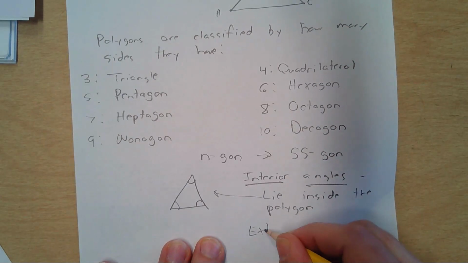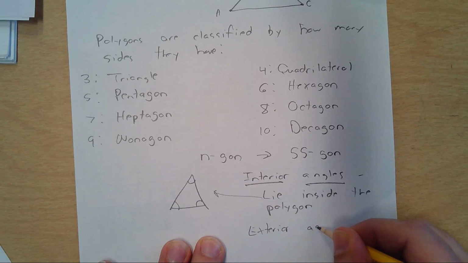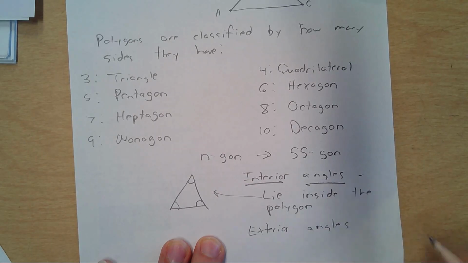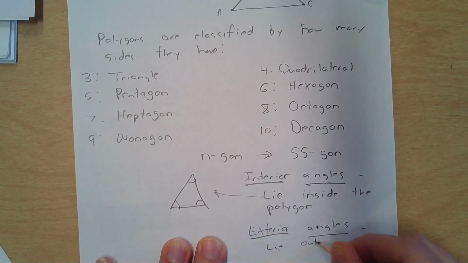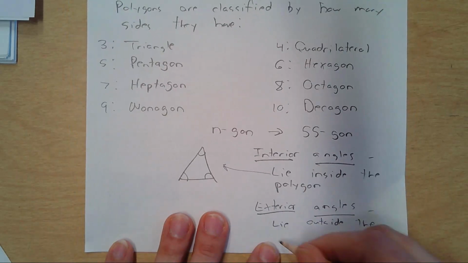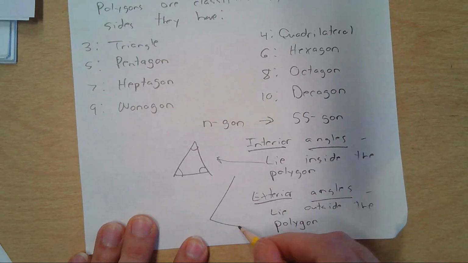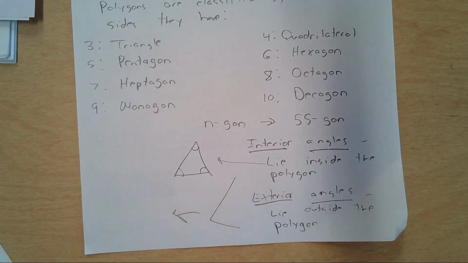Exterior angles, right, lie outside the polygon. But one more piece of information about these that we need to know, I'll show you in just a second.